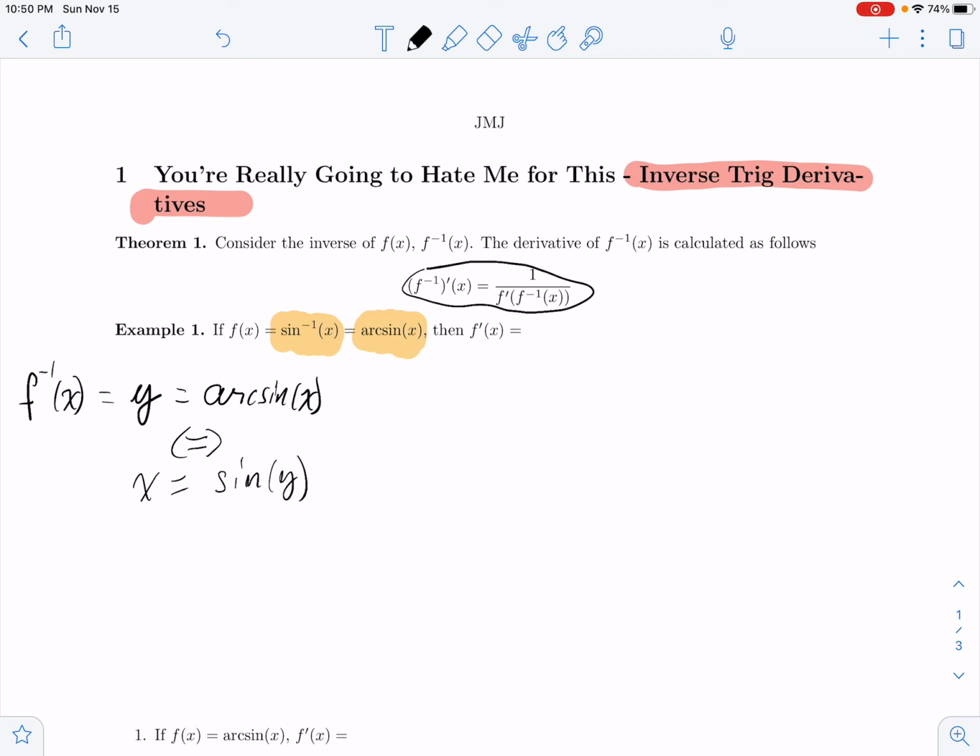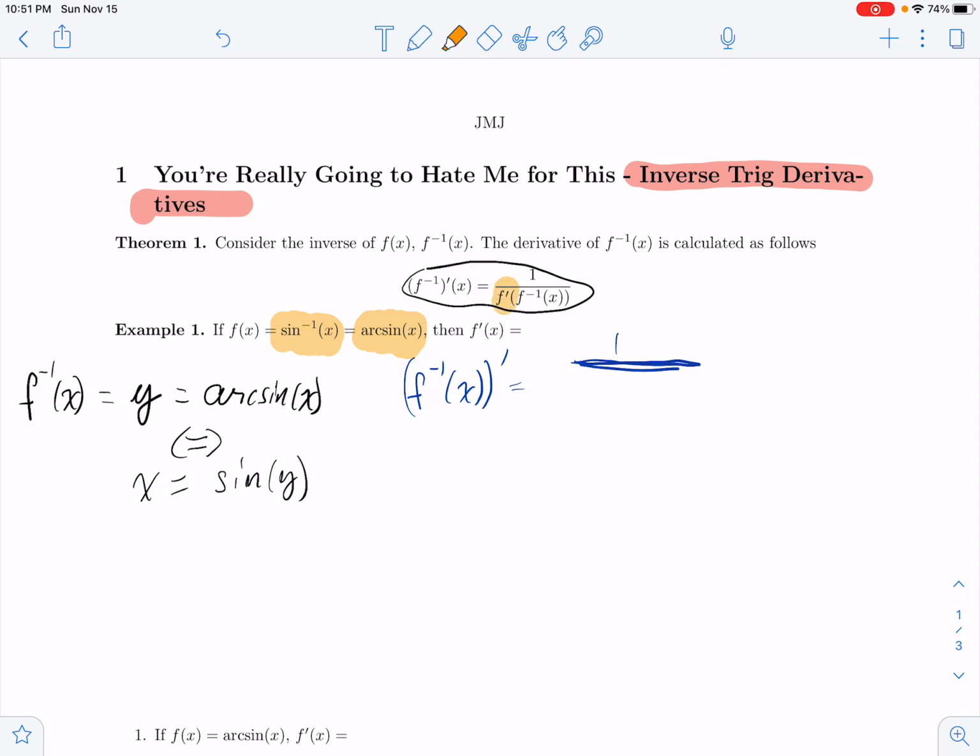All right, so now using our rule up here, the derivative of f inverse of x is equal to 1 over. Now what do I need? I need the derivative of the original, right?